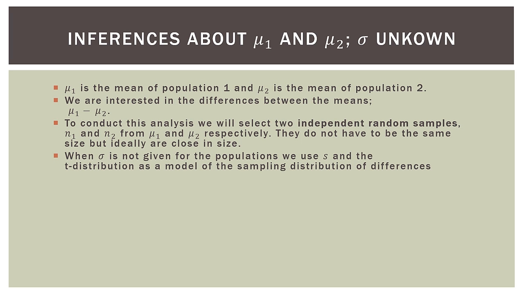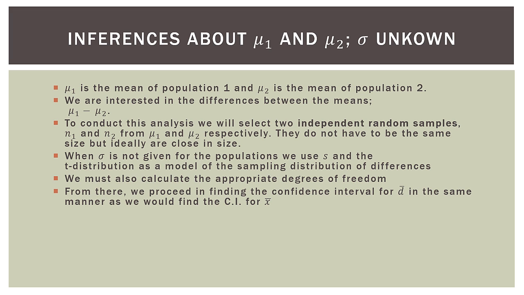Now, when sigma is not given, so the population standard deviation is not given, we use s, the sample standard deviation, and therefore the t-distribution as a model of the sampling distribution of differences. And again, that goes back to stuff I'm sure you've already learned. When you use a sample, you use the t-distribution. We must also calculate the appropriate degrees of freedom, and we did that in the other formula.